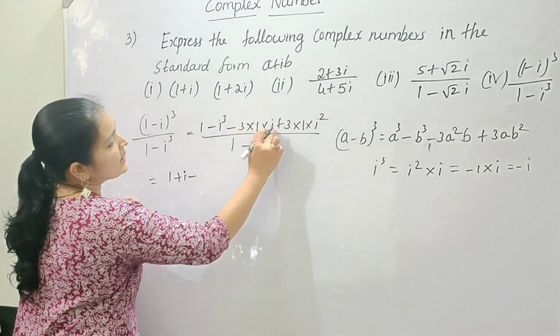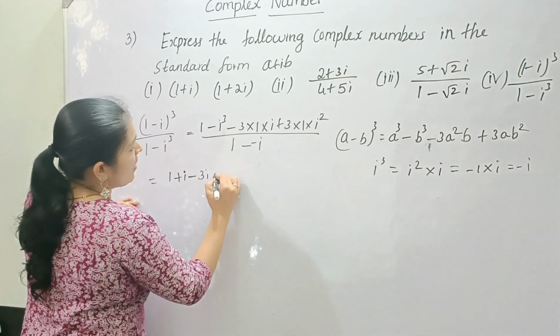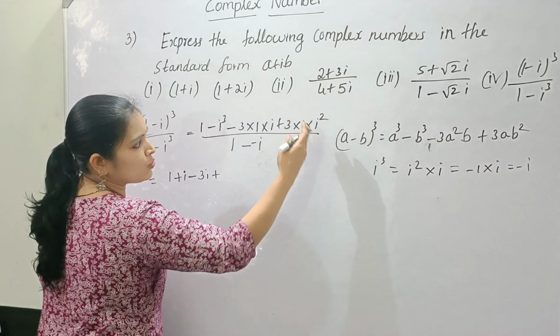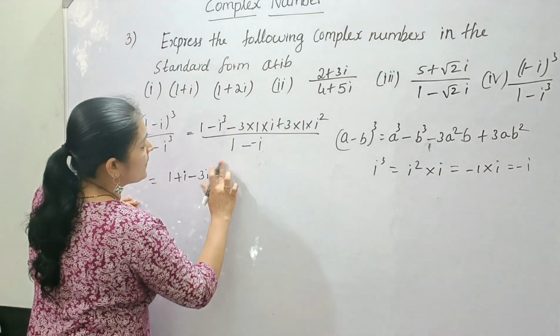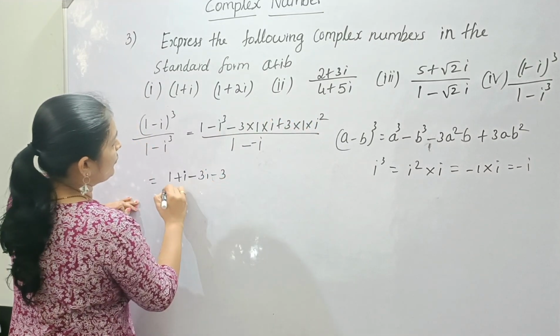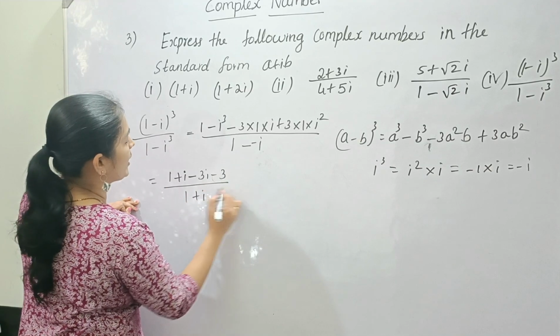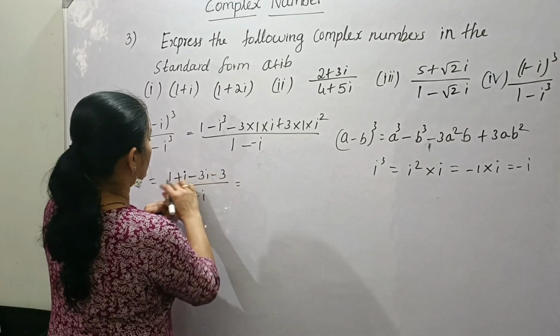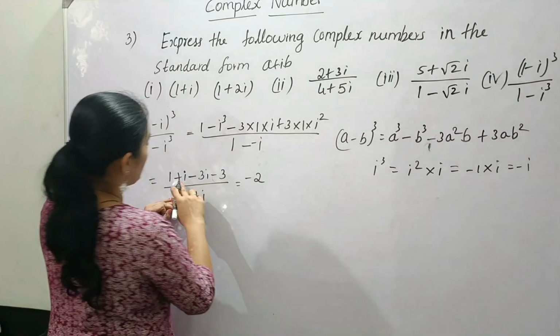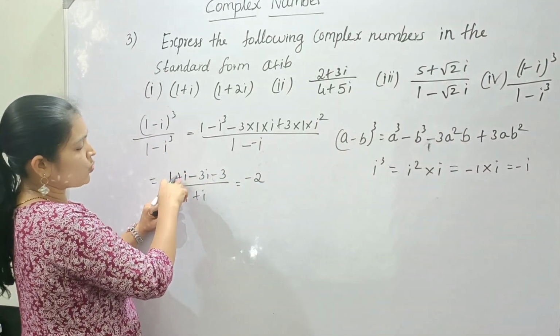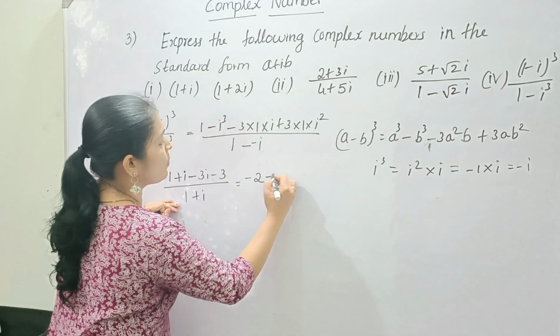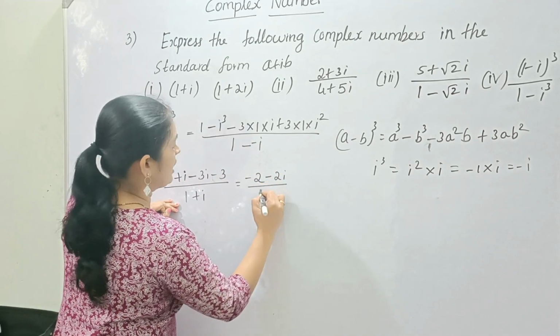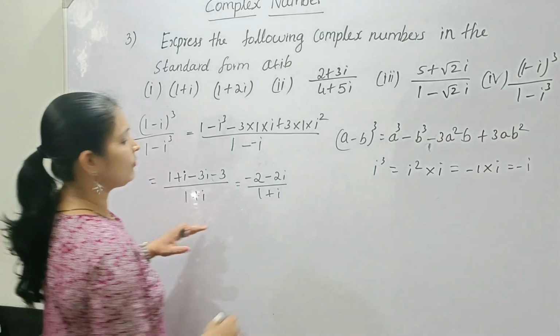Minus 3 into i, plus i square is minus 1, so minus 1 into 3, minus 3, divided by 1 plus i. Here minus 3 plus 1, minus 2, so minus 2i divided by 1 plus i.